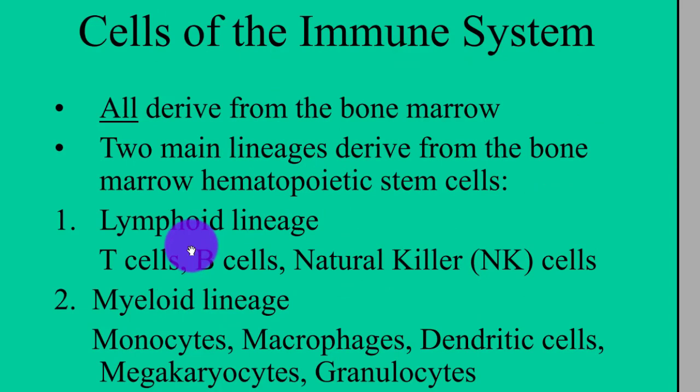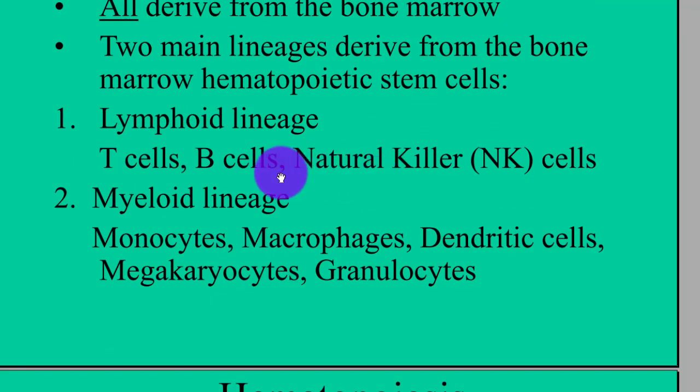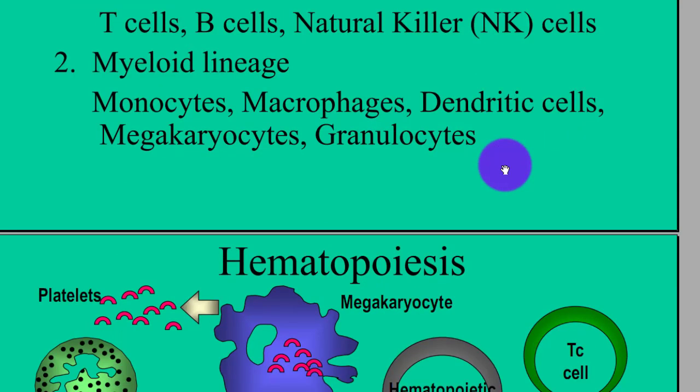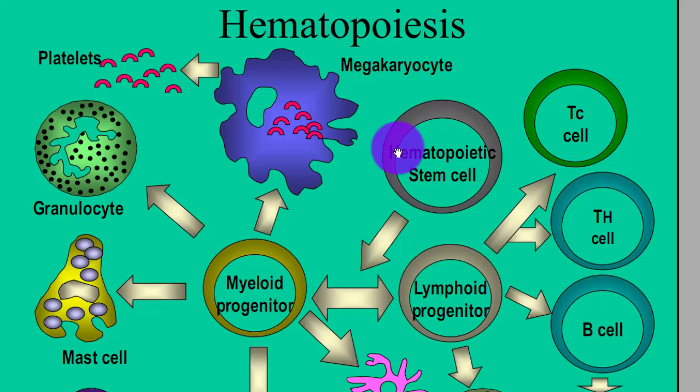Cells of the immune system are all derived from the bone marrow. Two main lineages derive from the hematopoietic stem cells: the lymphoid lineage, the T cells, B cells and natural killer cells; and the myeloid lineage, monocytes, macrophages, dendritic cells, megakaryocytes and granulocytes. This is the hematopoiesis.